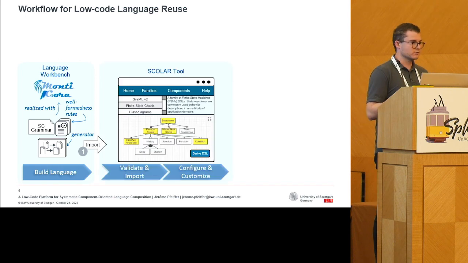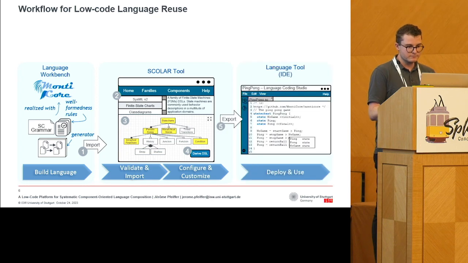Then our platform should enable to import existing language projects and automatically derive a language component notation from it. Then we want to have a library functionality to browse through existing language families and existing language components. We also want to define new language families, and we want to be able to configure these language families to derive new DSLs. And ultimately, we want to export our composed language and use it, of course.